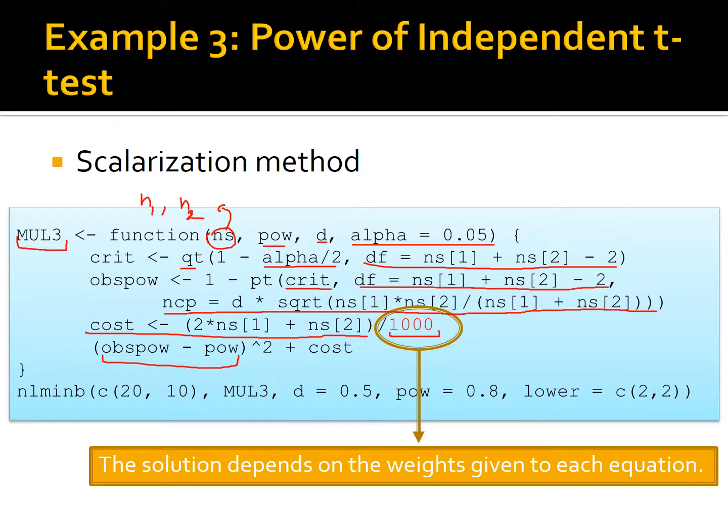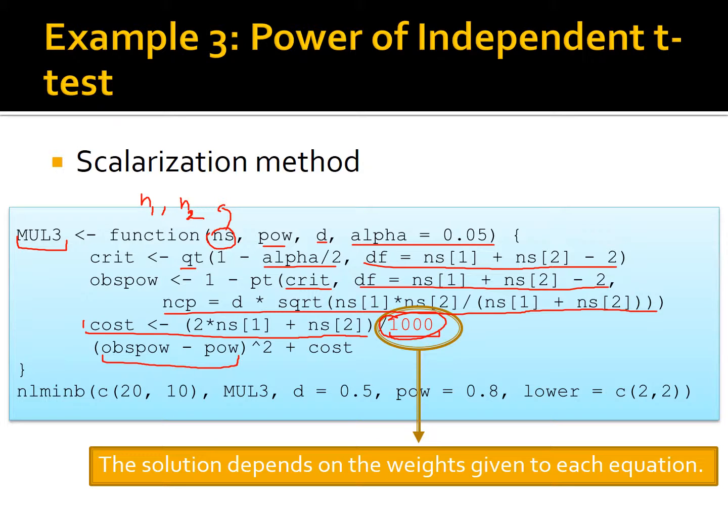Because of the scaling constant, if we set it to a lower or higher number, it will change the solution. The solution depends on the weights given to each minimizing function.